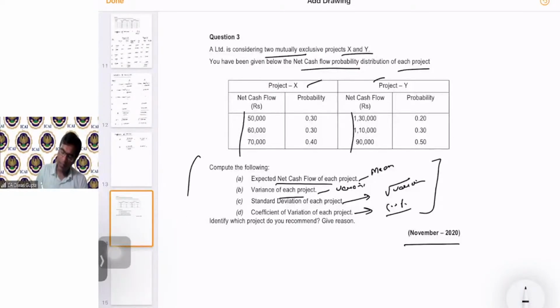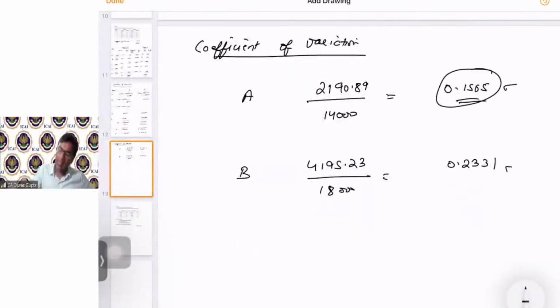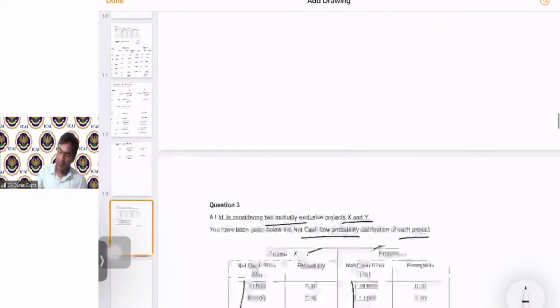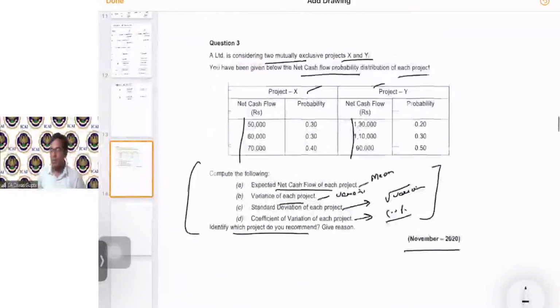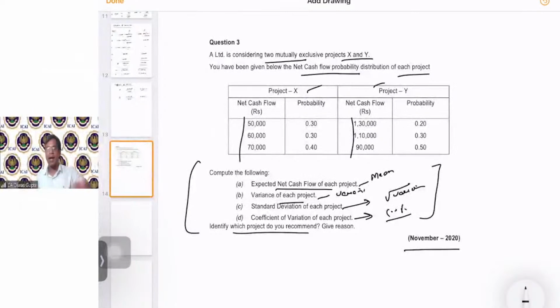These 4 parts we have just solved sequentially in question number 2, and this question is very similar to that. And lastly, it says identify which project to recommend. We have already concluded that the project with the lower coefficient of variation is better, right? So on similar lines, can you please solve this in your homework?